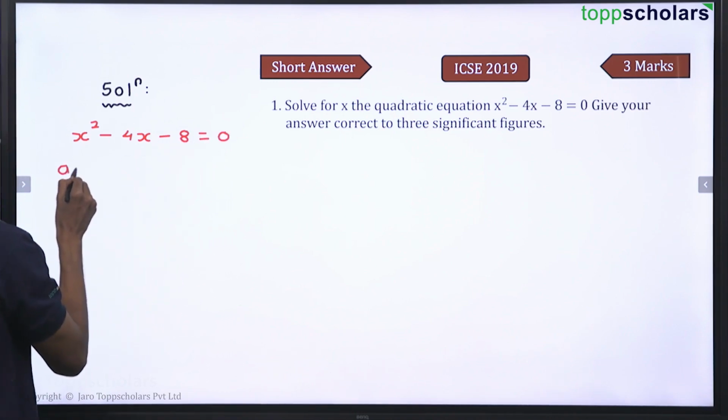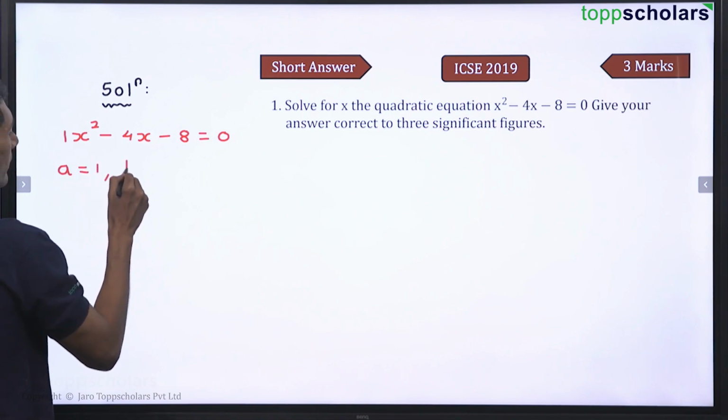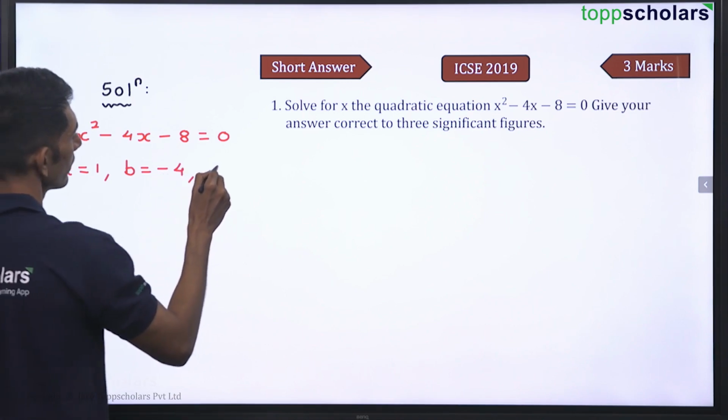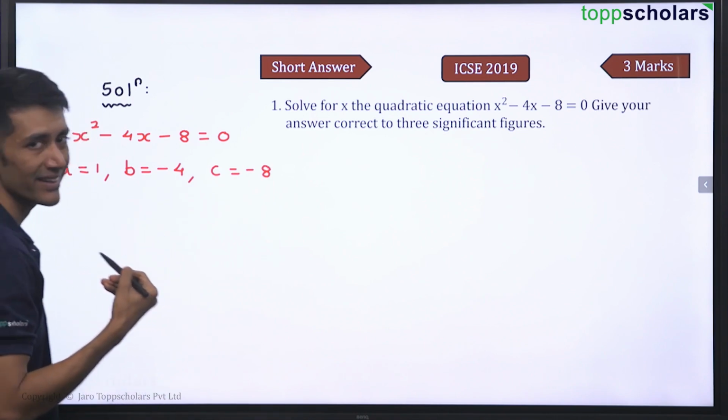So can I say here, the value of a is 1, the value of b is minus 4, and the value of c is minus 8, right?